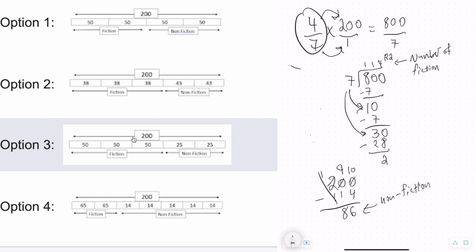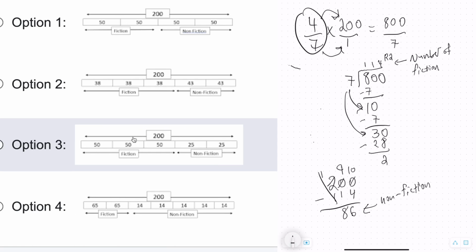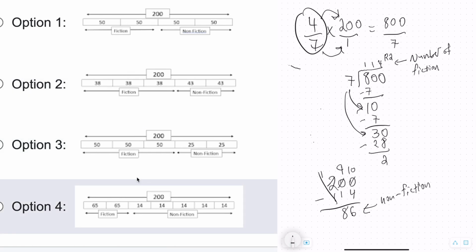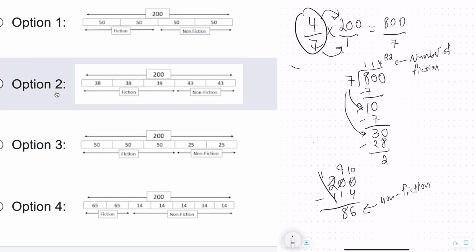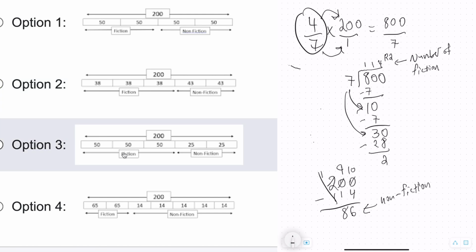Let's look back and reevaluate the diagrams on the screen, and we can see if we're only looking at option 2 and 3, we know that this 50, 50, and 50 equals 150, but we just said that the number of fiction books is 114.